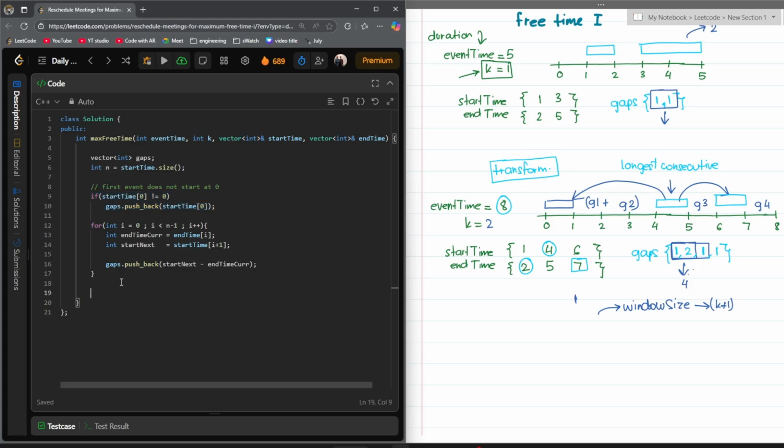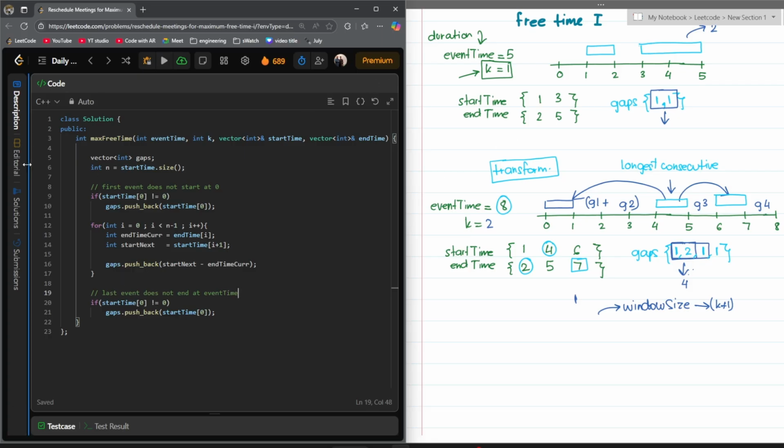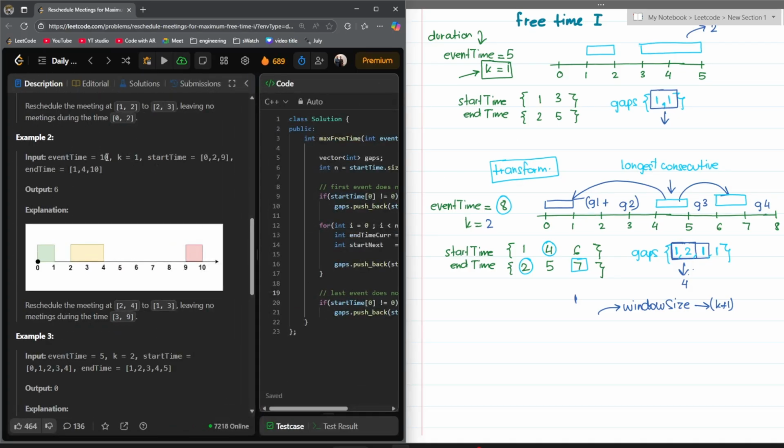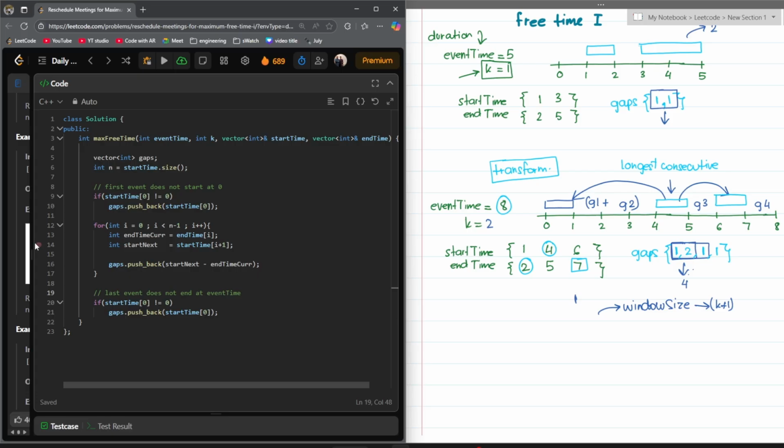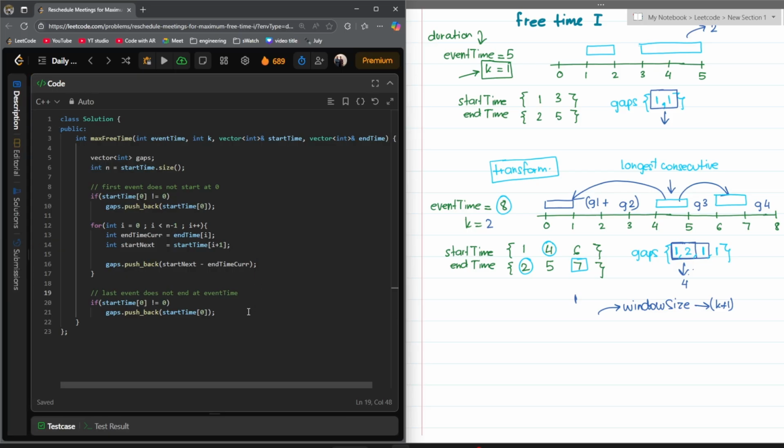Because there can be a situation where your last event does not end at event time. You know what event time is? It's basically the limit that is given to you. At event time, your event actually ends, and you can no more place any meeting after the event time has elapsed, right?